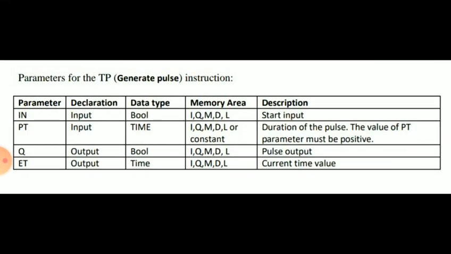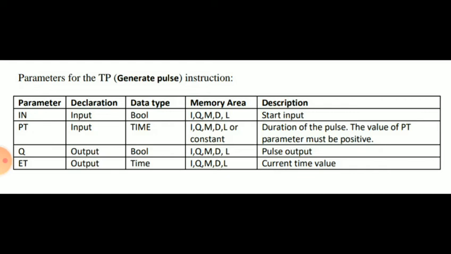Now the different parameters used in a timer. IN means input, and the data type used for IN is bool. In the memory area and description, IN means start input.